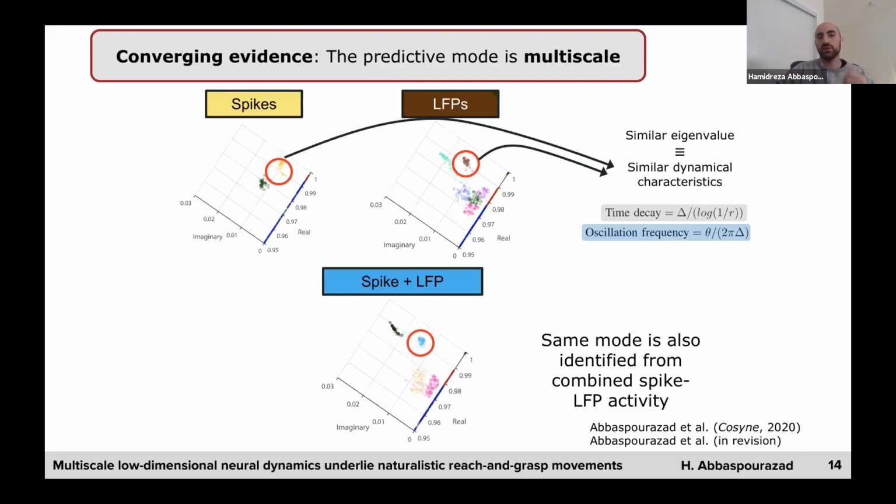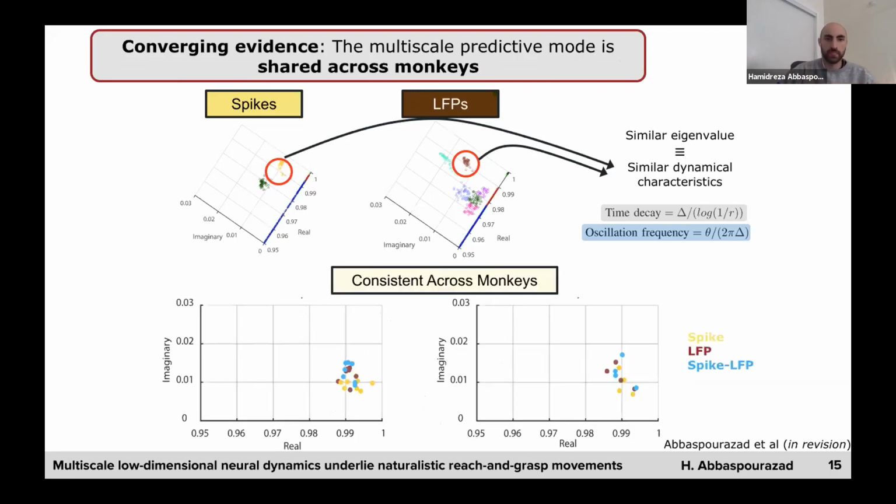And indeed, when we learned low-dimensional dynamics from combined spiking and LFP network activity, we observed that the same dynamical mode was identified at the same location. This further validates that the multi-scale predictive mode was actually multi-scale.